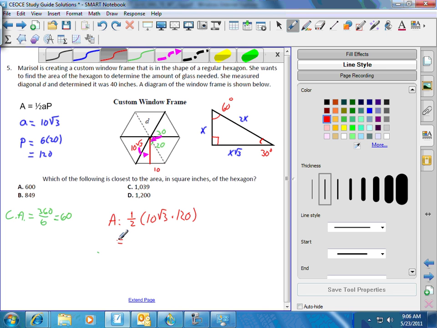Let me change this into an approximate symbol. And do they tell us where to round? To the nearest square inch. So we've got 0.2, so that's going to round to 1,039 square inches. Alrighty.